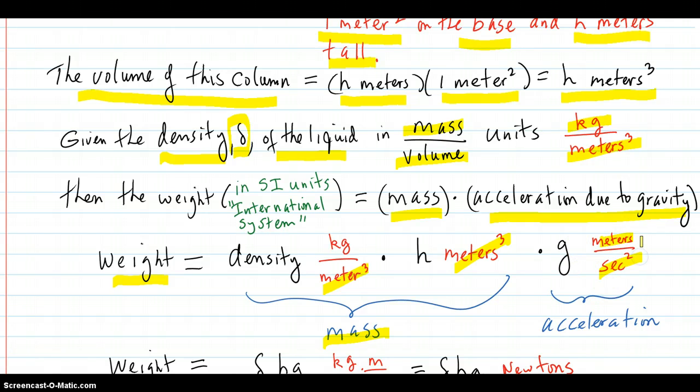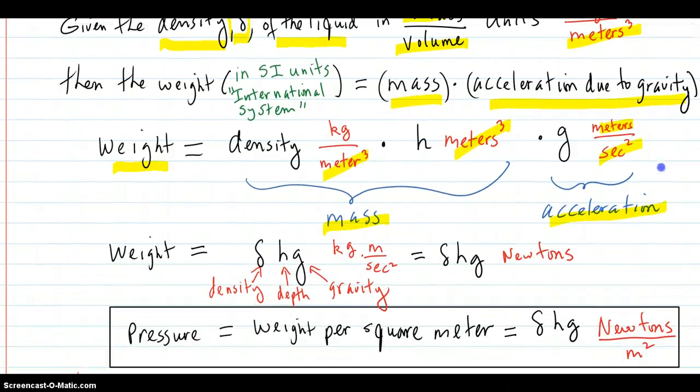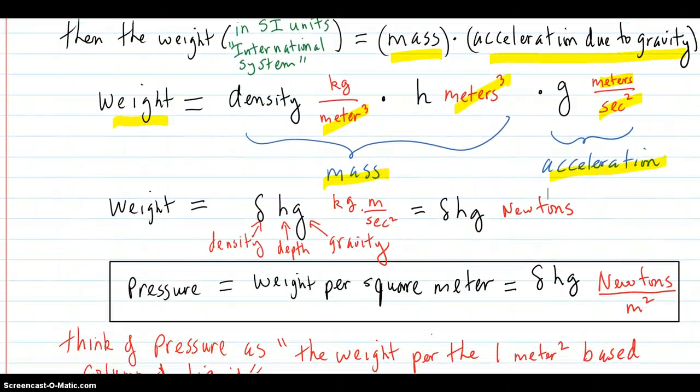Of course, g is 9.8 meters per second squared, so that's mass times acceleration, your weight, and that comes out kilograms times meters per second squared, and of course that's a newton. So you multiply the density times the depth, h, times the gravity, 9.8, and that's in newtons.